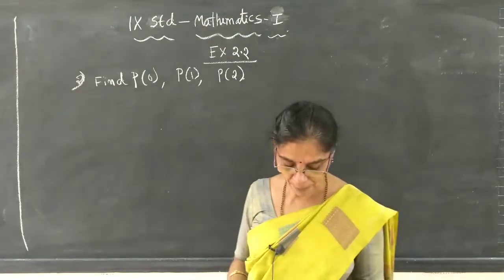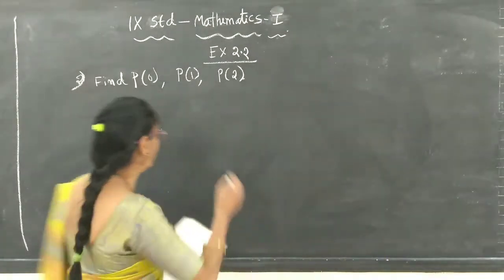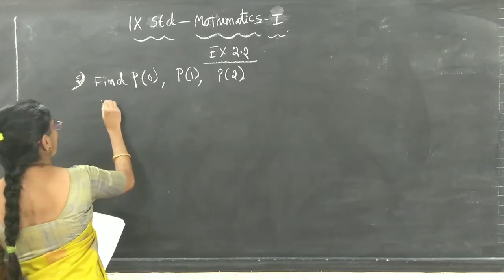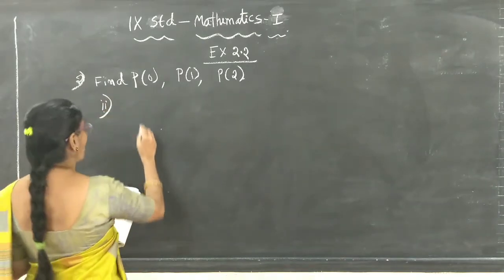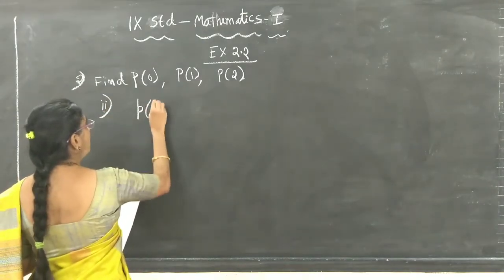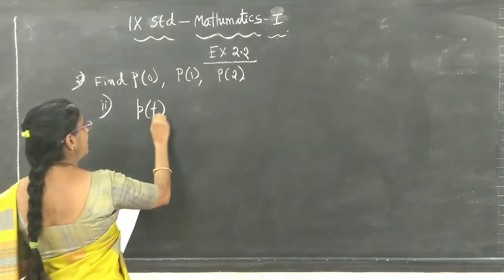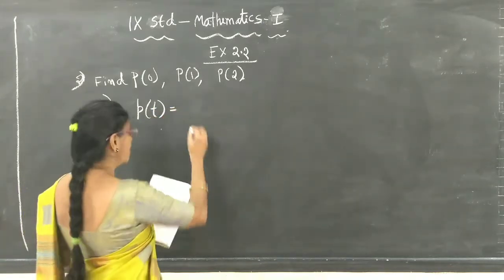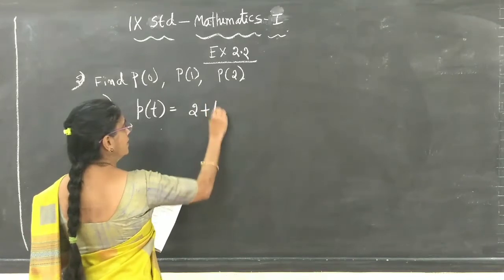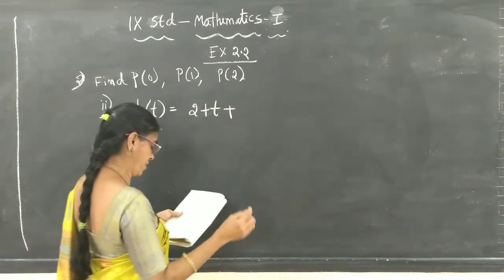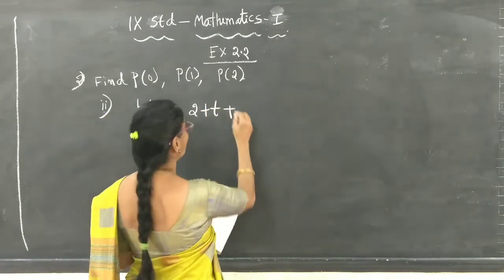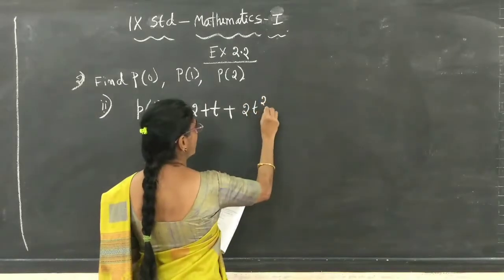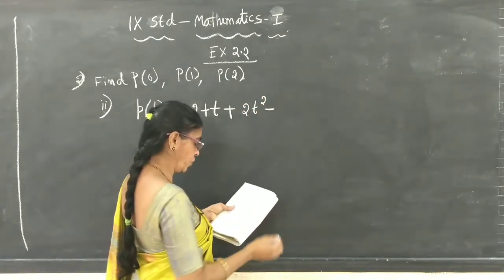Now I will try to help you understand the second problem in the second main problem, that is, the polynomial of variable t is given by 2 plus t plus 2t square minus t cube.